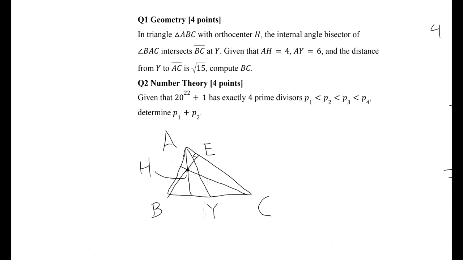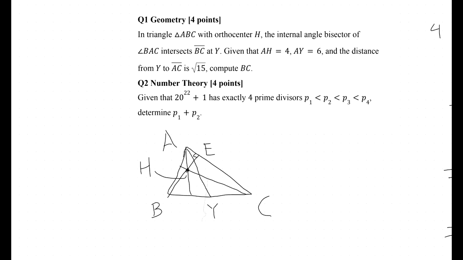So sine C becomes AB over 2R. So the entire expression becomes 2R cosine of A.